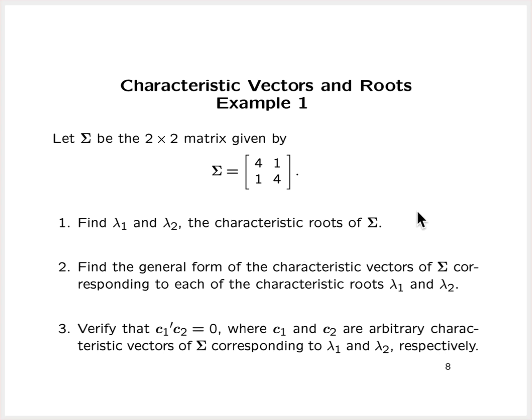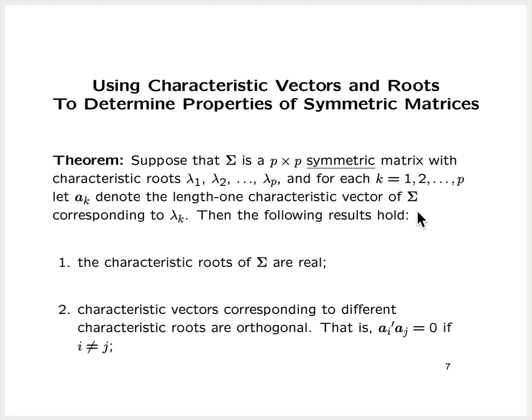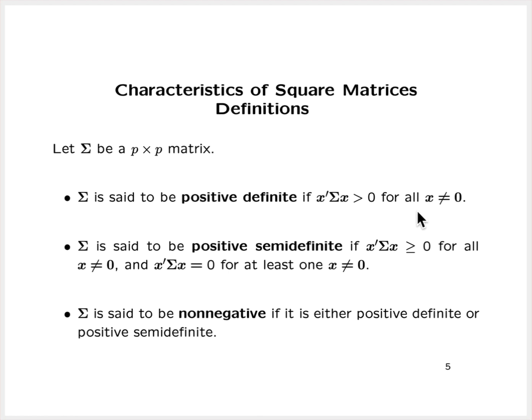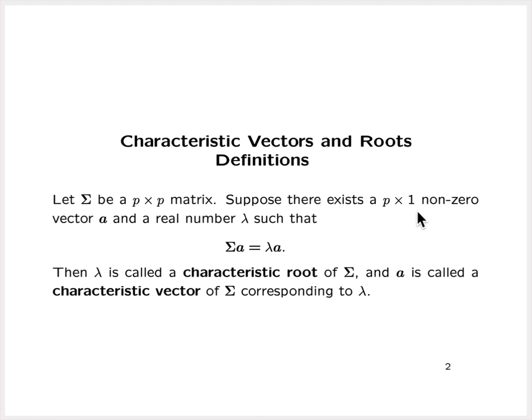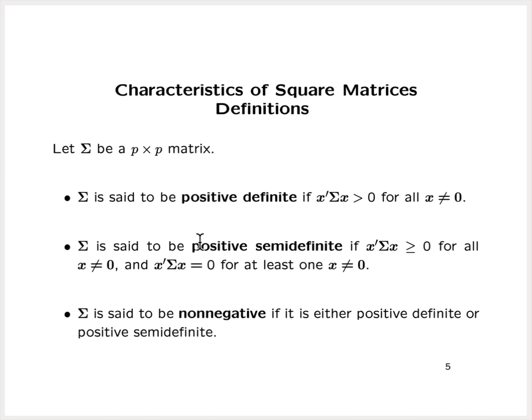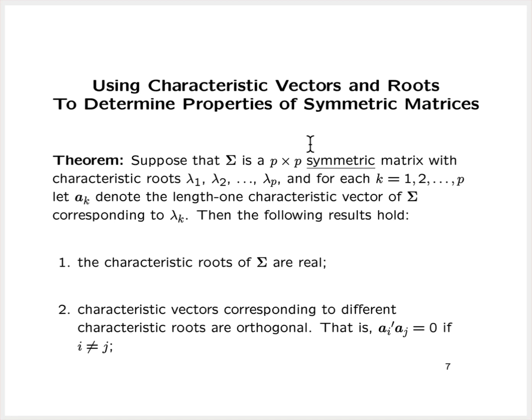And by the way, let me just point something out. Let me scroll back here to really the first slide, where we were defining characteristic roots. When we have a p by p matrix, there are going to be p characteristic roots. All right, and when the matrix is symmetric, then we know those roots are all real numbers.